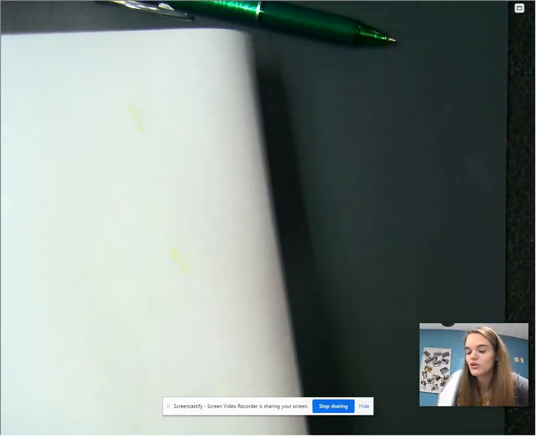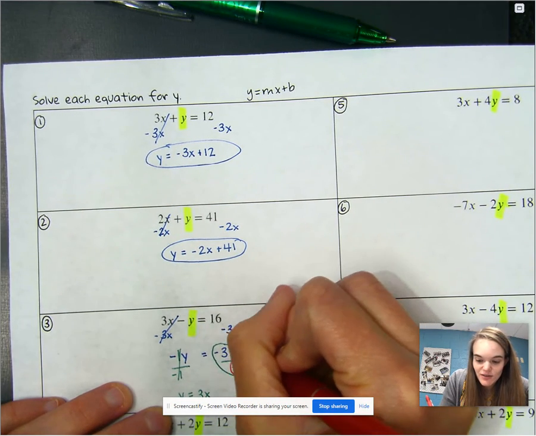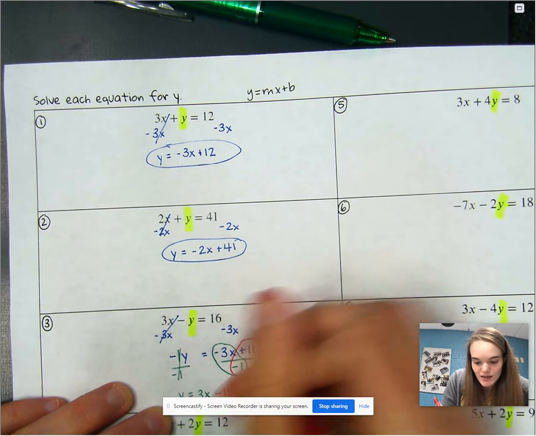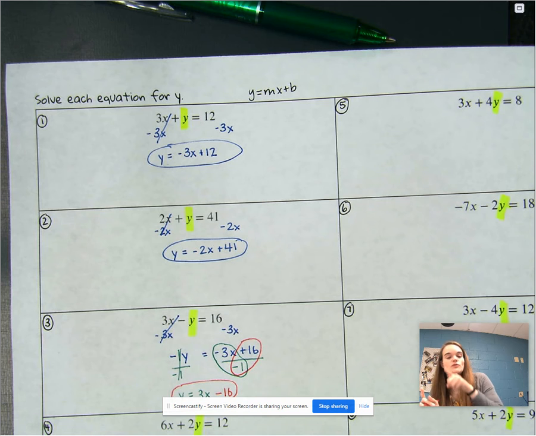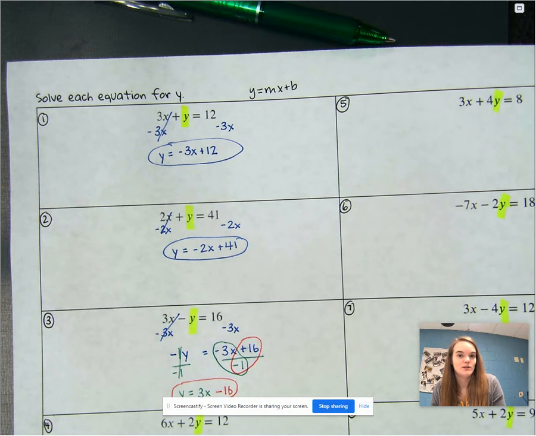However, we have to do it to the 16 as well. 16 divided by negative 1 is negative 16. Now I'm finished. So step 1, move the x to the other side. Step 2, divide by whatever number is in front of y. And then I'm done. Let's try number 4, and then I'm going to get you to do 5, 6, 7, and 8 all by yourself.